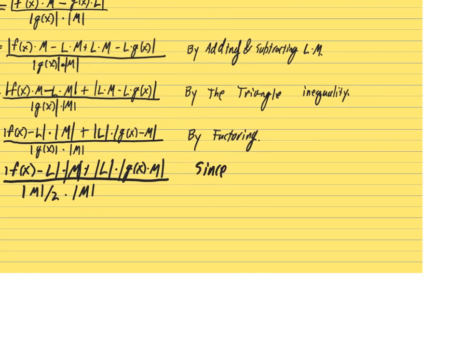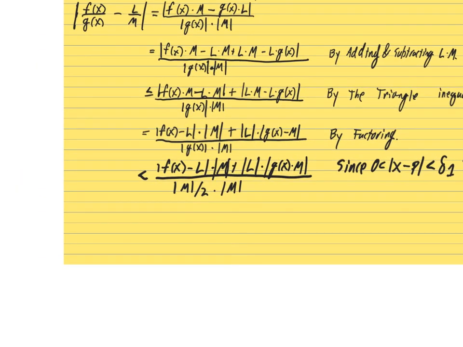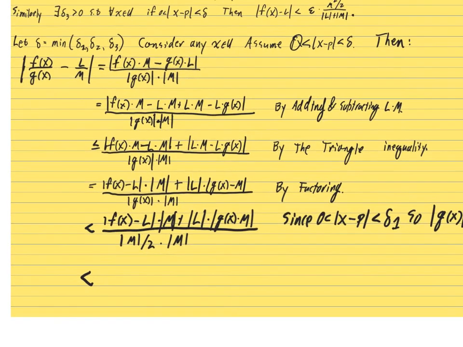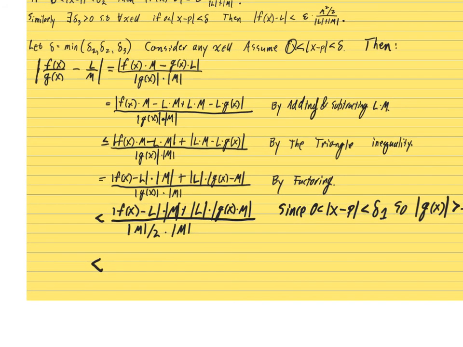since 0 is less than absolute value of x minus p is less than delta 1, so absolute value of g of x is bigger than absolute value of m over 2. Cool. This in turn is less than, there's the other thing that I need. This in turn is less than epsilon m squared over 2 absolute L plus absolute m.